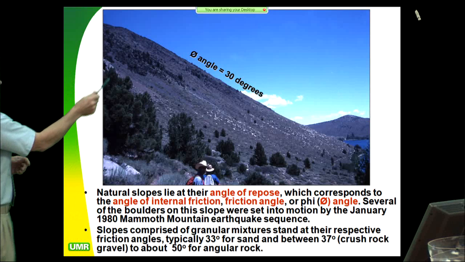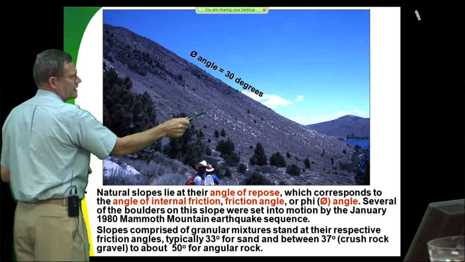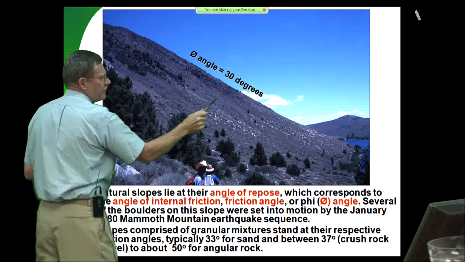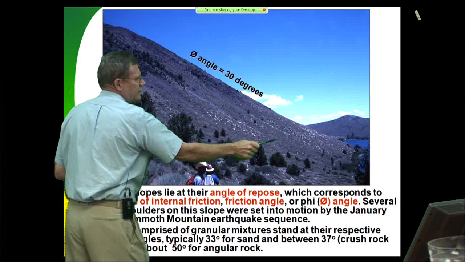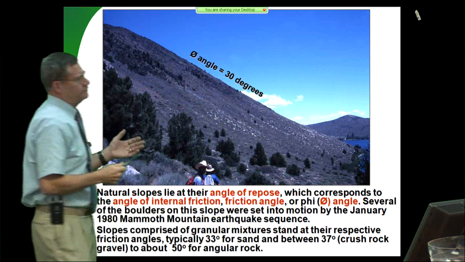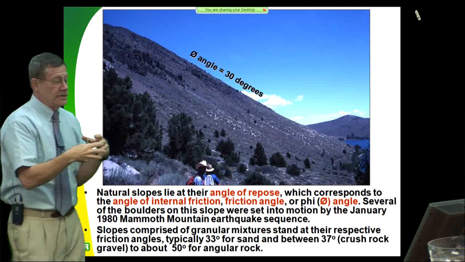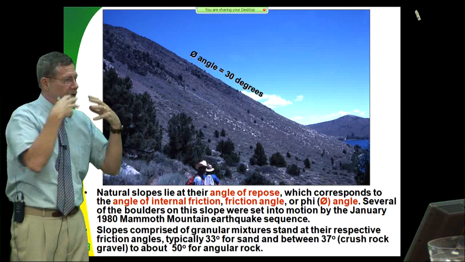So what happens here is you have conservation of momentum. The bigger rocks tend to fly further, get more kinetic energy, and bounce further and go further down slope than the smaller blocks. And you also have the rock breaking apart, which takes out some of the kinetic energy as it goes down slope.